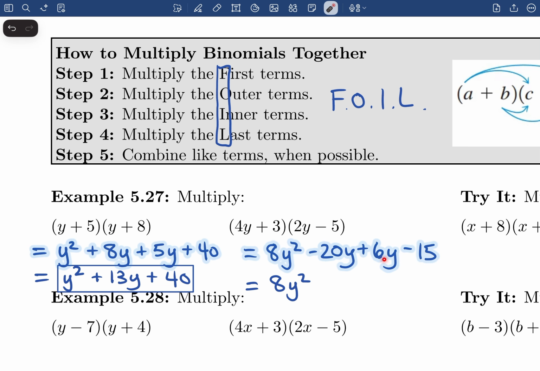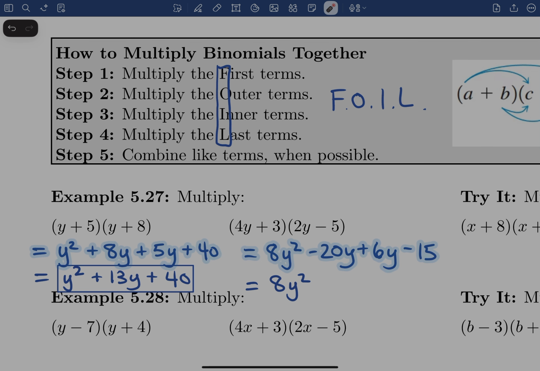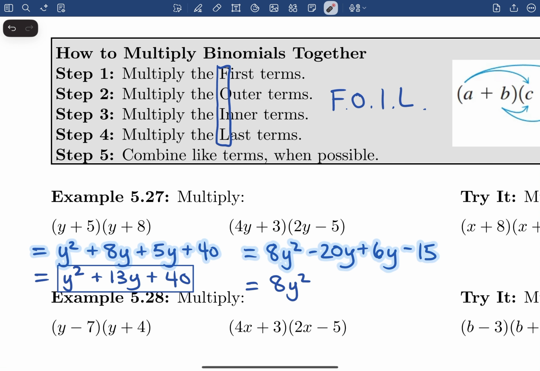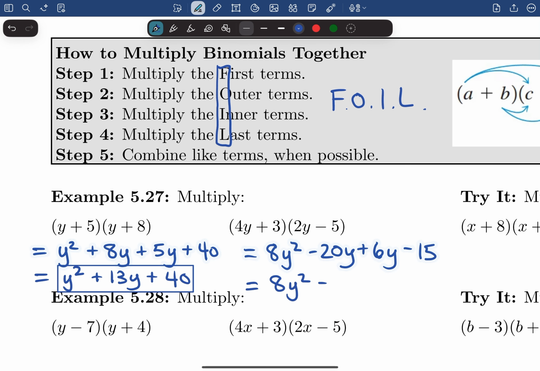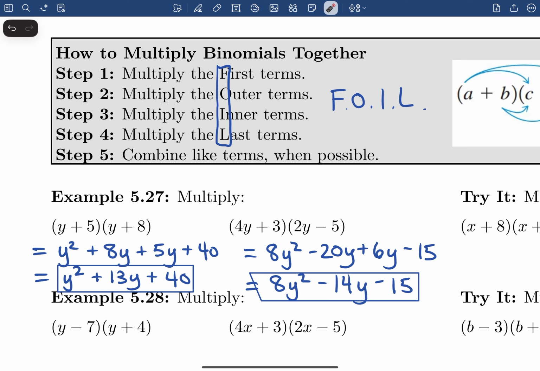The outer and inner terms of foiling, they can be combined together. They'll usually be like terms. So negative 20y plus 6y gives me a negative 14y. And now I have, lastly, a minus 15 there. Okay, so I have combined like terms. I've ended up with a trinomial, 8y squared minus 14y minus 15. Great.